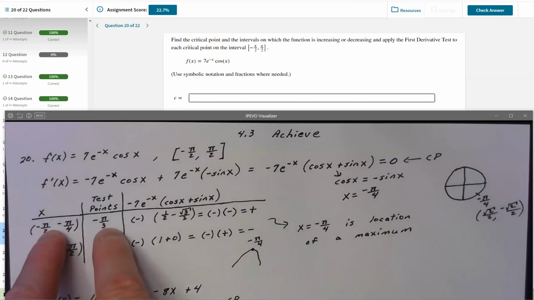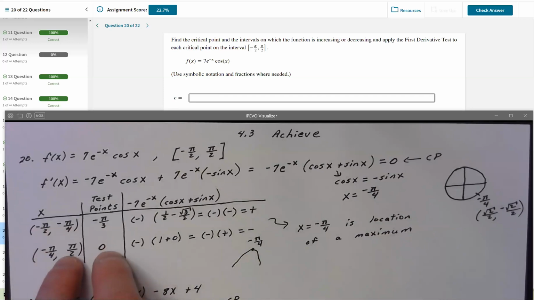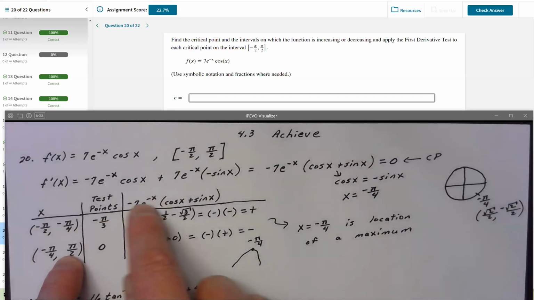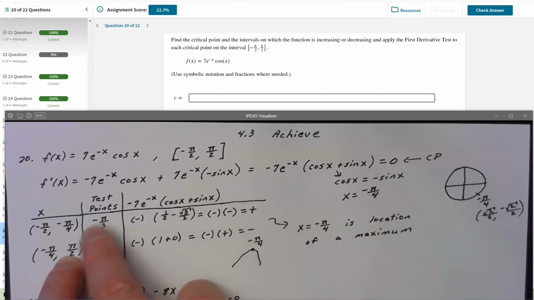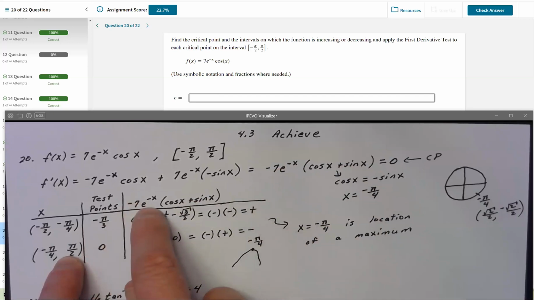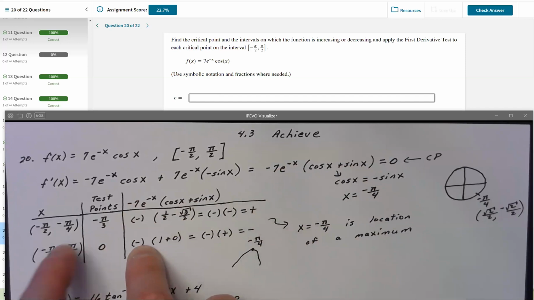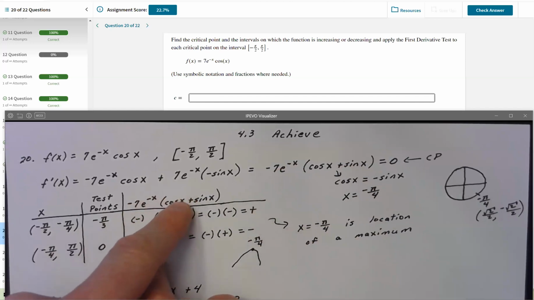I chose negative pi over 3 to represent that first region, and I chose 0 to represent the second region. Now, we're plugging those test points into our factored version of our first derivative. We already know no matter what we plug in, negative 7 times an exponential function is a negative factor. What's going to determine the sign of this first derivative is that second factor there.